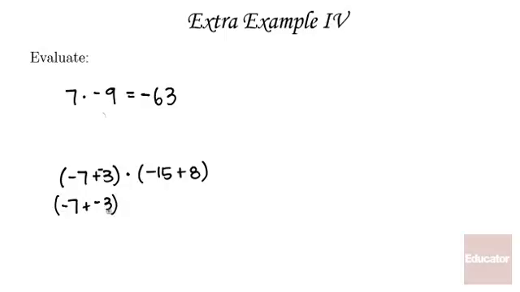They have the same sign, so I add the numbers and keep that same sign. The absolute value of negative 7 is 7, plus the absolute value of negative 3 is 3. If I add those two numbers together, I get 10. Since they're both negative, I have to keep that same sign.